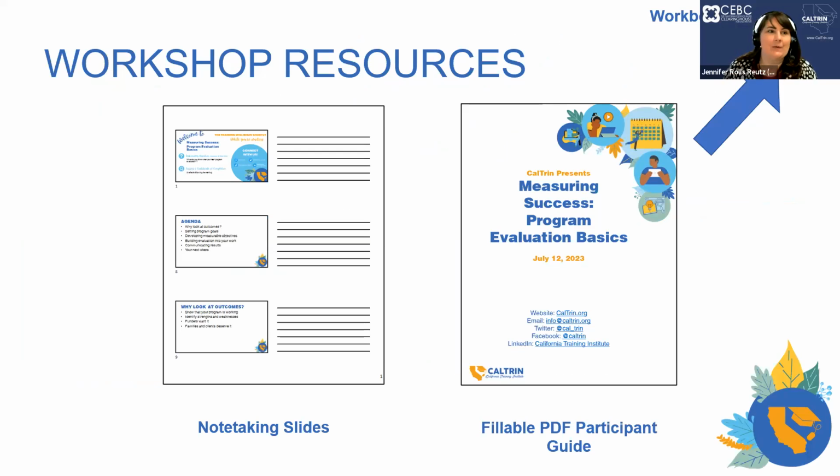All right, so Jess introduced you to the idea of both our note-taking slides and also our fillable participant guide. So just to touch on how we're going to use those, it's how you like to use them. If you want to print out the note-taking slides or just follow along with those, you can do that. With the fillable PDF participant guide, same thing. You can have it on your screen and you can be filling it out as you go along.